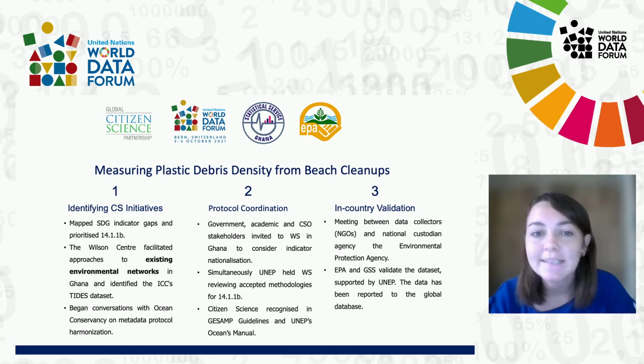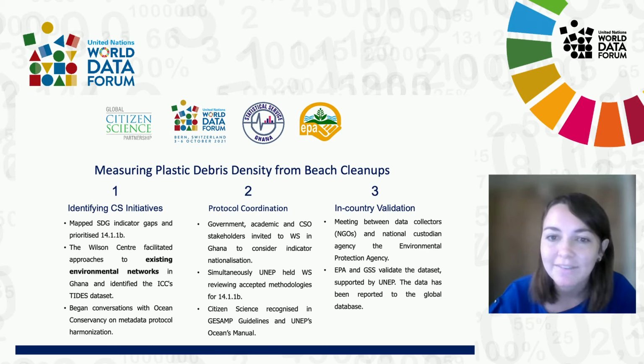In terms of process, the Wilson Center helped us identify existing networks and datasets, and UNEP and GSS led various workshops around harmonising the methodology and protocols to global standards, and also to determine whether any localization to the indicator was needed.